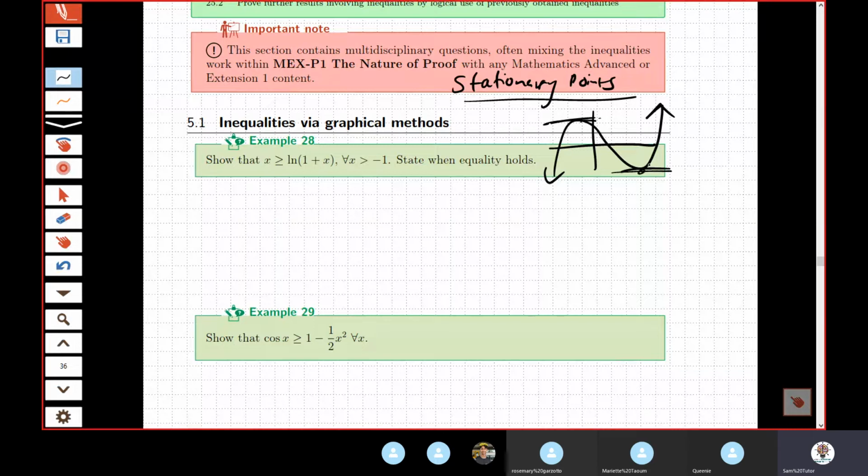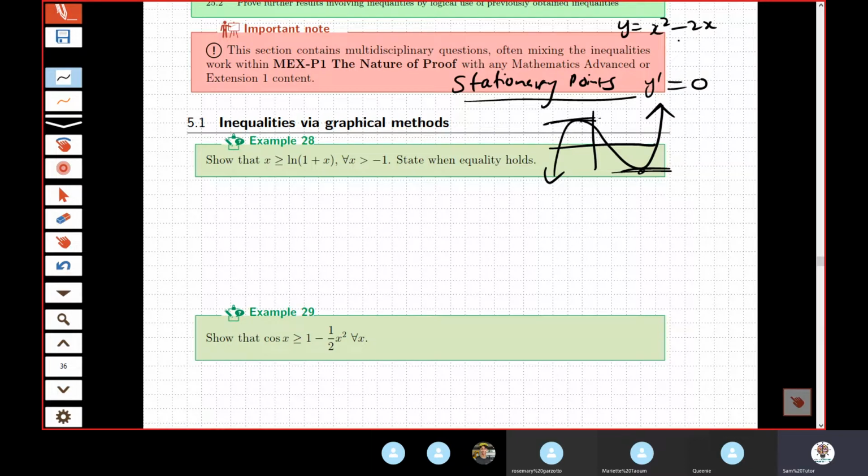Now we can actually work out those points using calculus, without using axial symmetry or anything like that. To find any stationary points, it is where y dash equals 0. It's just where your derivative equals 0 and you solve. If I show you a basic case, let's just say these ones here.